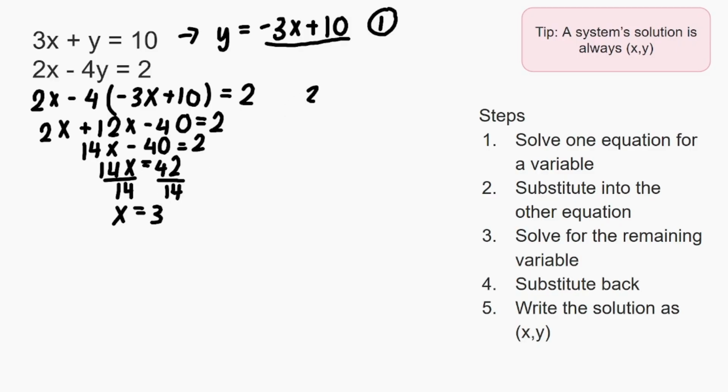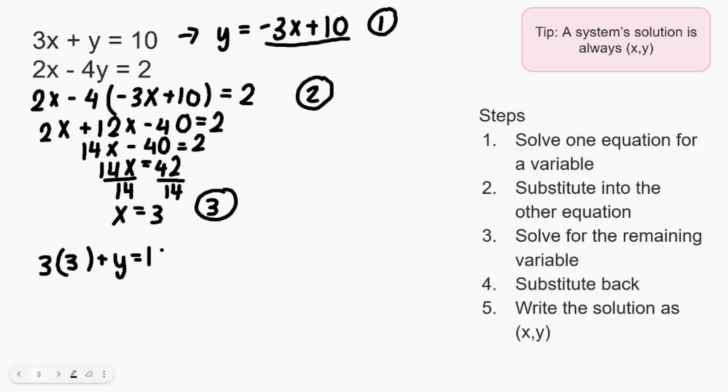So this was step 2, and now that we solved for x, this was step 3. Now we're going to substitute back. So this means we're going to take our value x equals 3 into one of these two equations to find y. Why don't we just do the first equation? So putting that in, 3 times 3 plus y equals 10. So we know 9 plus y equals 10.